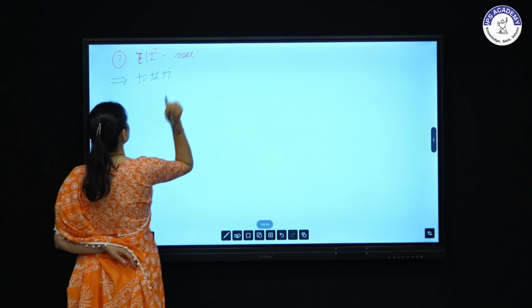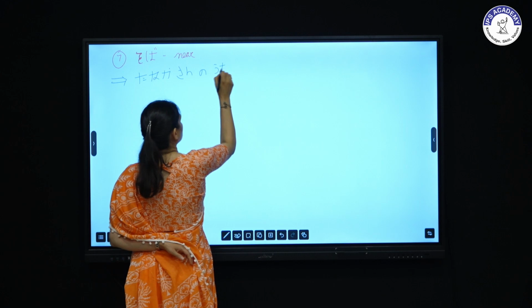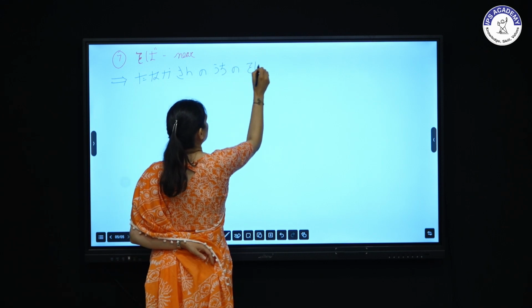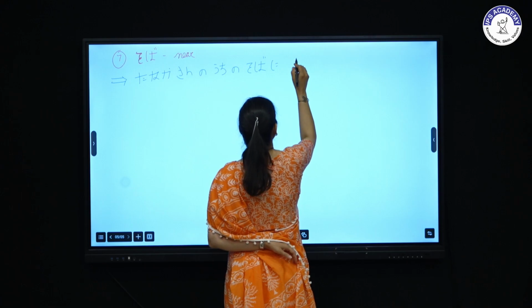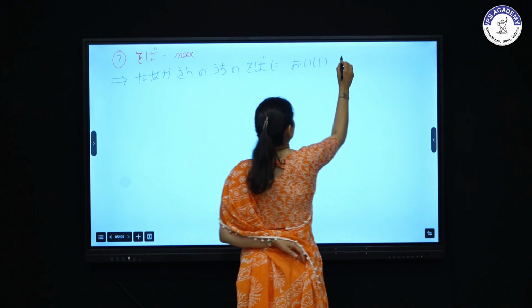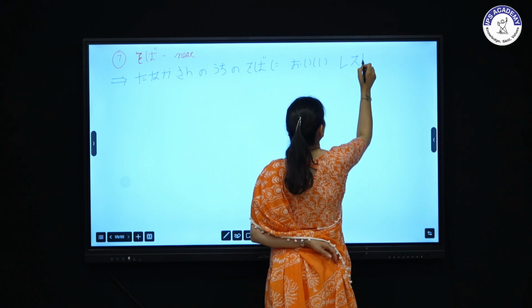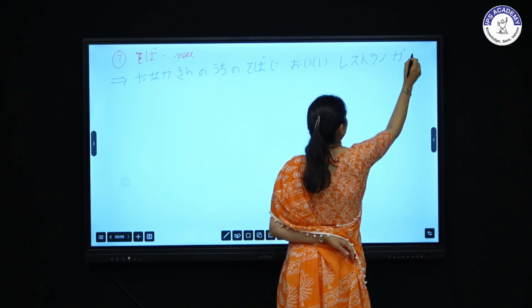Tanaka-san no uchi no soba ni oishii restoran ga arimasu.